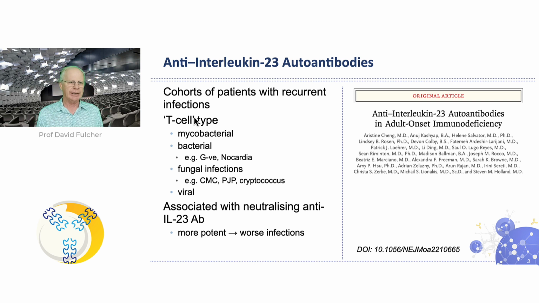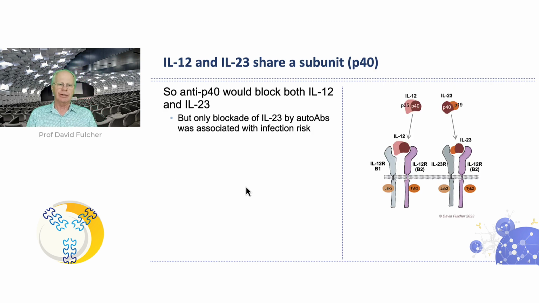So we've just revised what that is: mycobacterial, nasty bacterial, fungal, viral, pneumocystis, cryptococcus, a whole range of T cell type significant infections. And to cut a lot of research to a single sentence, anti-IL-23 antibodies seem to be responsible, and the stronger the inhibition of interleukin-23, the worse the type of infections were noted.